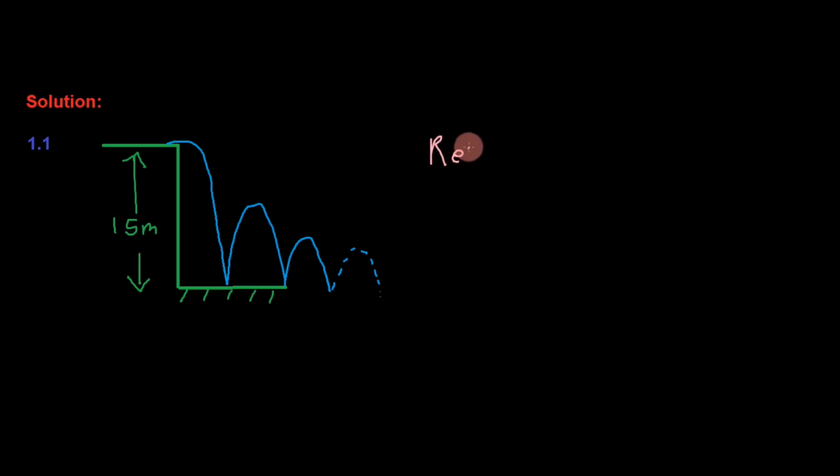So this will be of the heights that are attained each time it rebounds. Now we're going to exclude the first height of 15 meters. On the first rebound, it's going to be 80% of 15 meters. So 15 times 0.8.